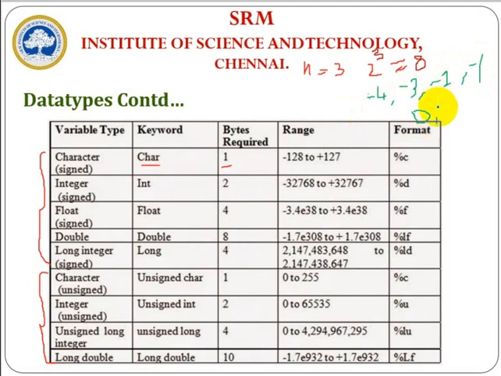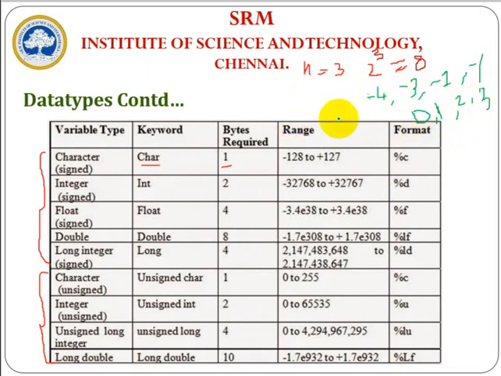The next 4 are positive numbers: 0, 1, 2, then 3. So if my n size is 3, I can hold values starting from -4 up to 4 minus 1 of positive numbers.